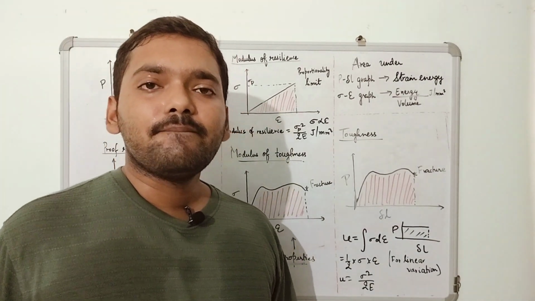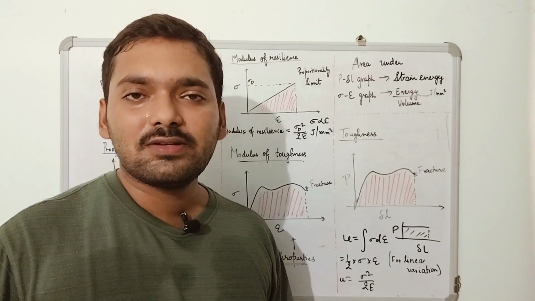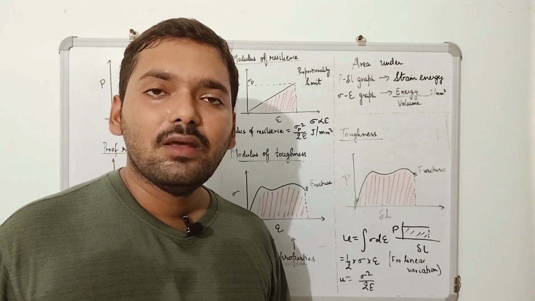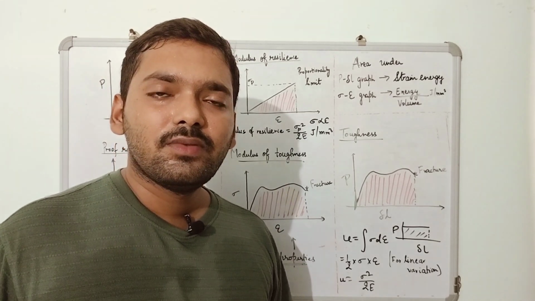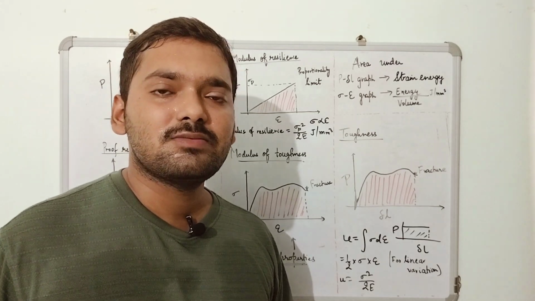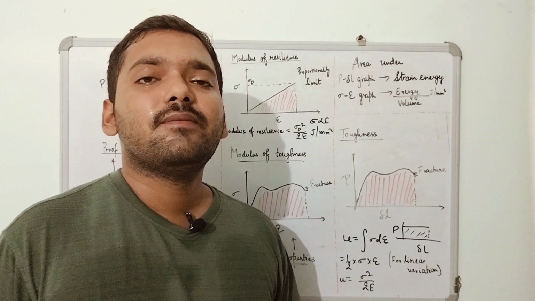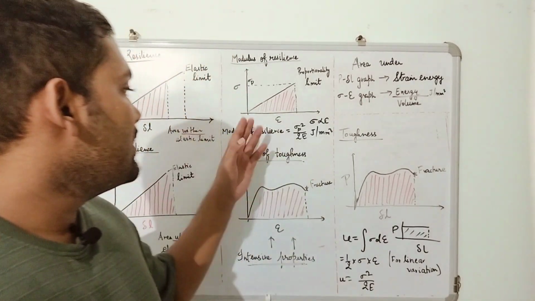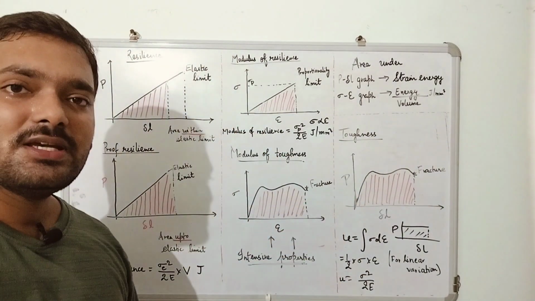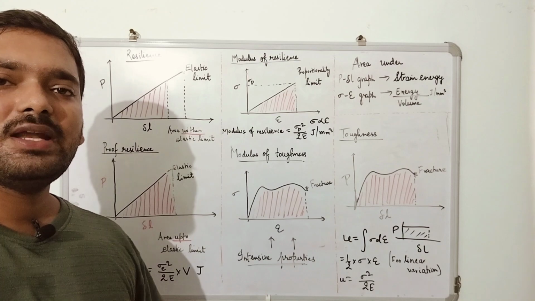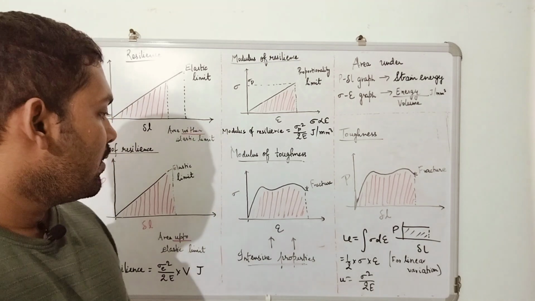So you must have seen the stress strain graph of mild steel. Does its graph change? No, it never changes, because it is the property of steel. So that's why these graphs never change, but these three graphs can change with the type of load or any other variation that we do.